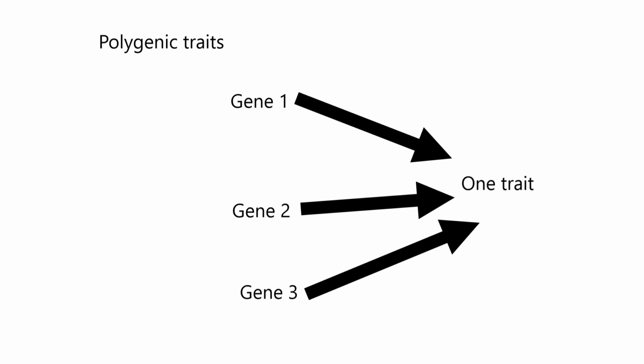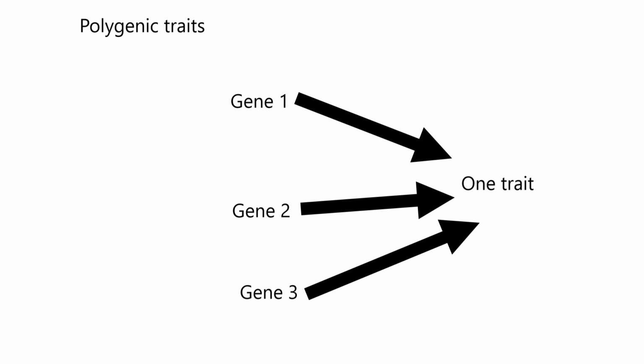Okay, now I'm talking about polygenic traits. Whenever you see the prefix poly, that means many, and in polygenic, the genic refers to the genes, so many genes, at least two or more. I've got an example down here of three genes working to make one observable trait.